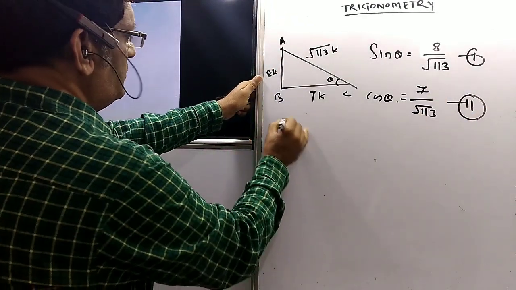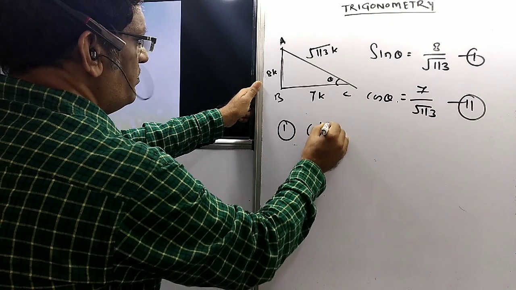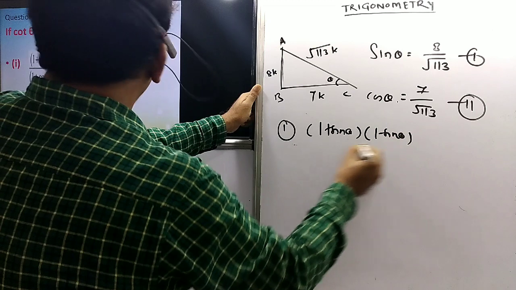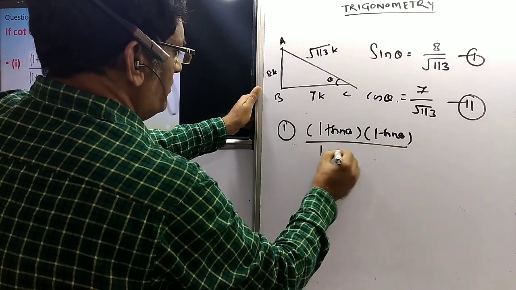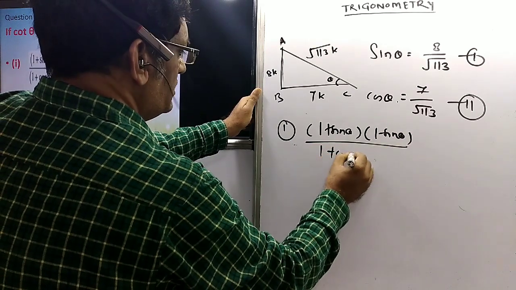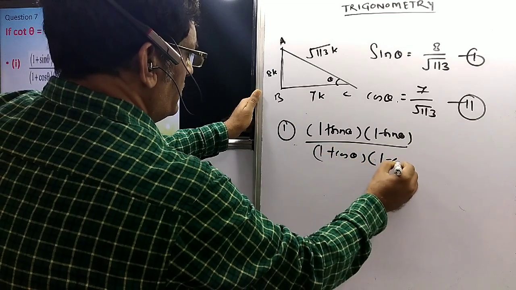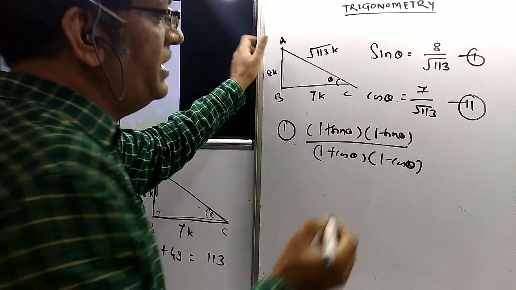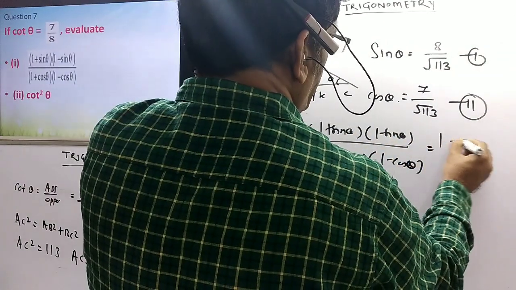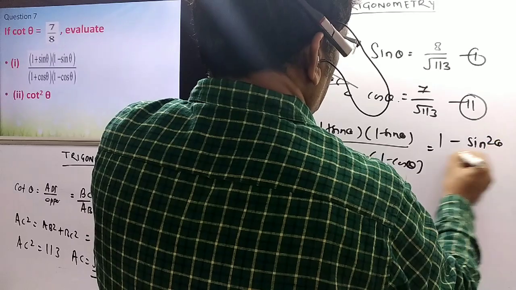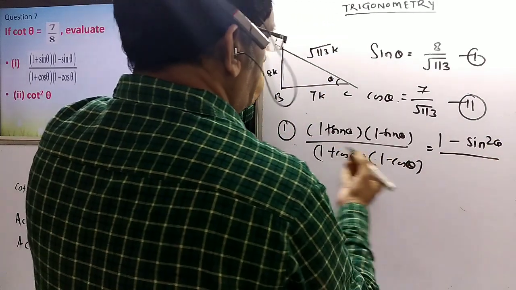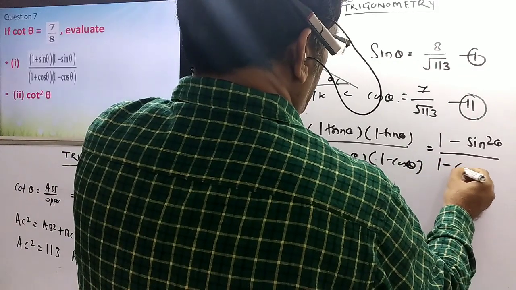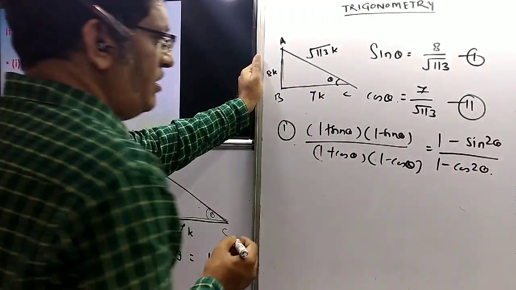Now let us find first: 1 plus sine theta into 1 minus sine theta, divided by 1 plus cos theta and 1 minus cos theta. Now you know that A plus B into A minus B is equal to A square minus B square. It is again A plus B, A minus B, where A is 1 and B is cos theta. It is 1 minus cos square theta.